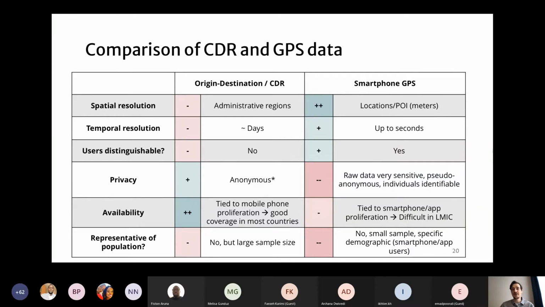And CDR data has the great advantage that it has a very good global availability because it's tied to the proliferation of mobile phones, which is very good in most countries. And CDR data is in general more representative of the population because you have a higher proliferation of mobile phones in the population. Whereas smartphone GPS data is worse because it is tied to a specific demographic and you have a smaller sample size in general.